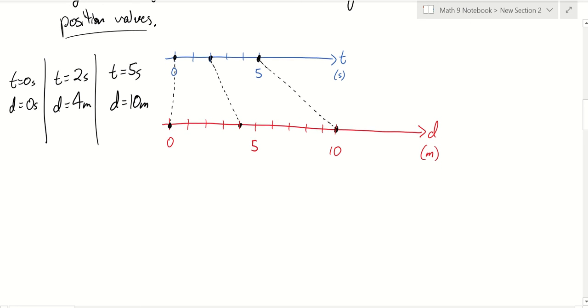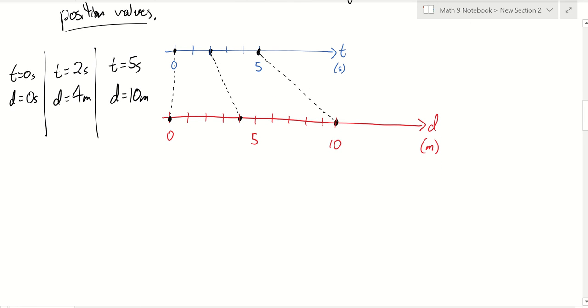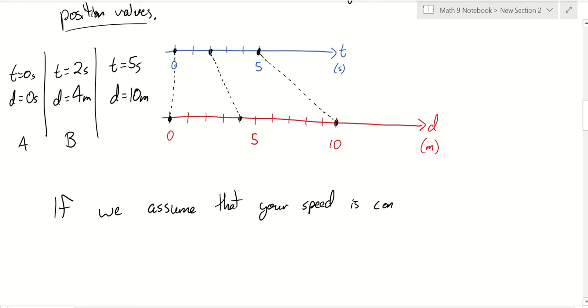So we're going to try to build a more effective diagram to show this correspondence between time and position. One thing we can do is assume that your speed is constant, meaning that in between points A and B, you're not suddenly speeding up or slowing down, and in between points B and C, you're not speeding up or slowing down.